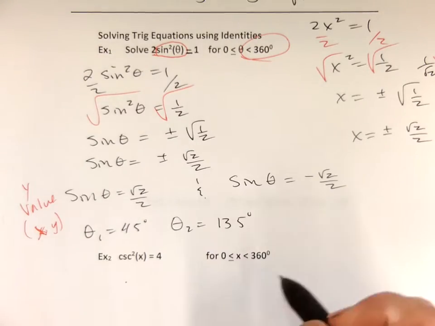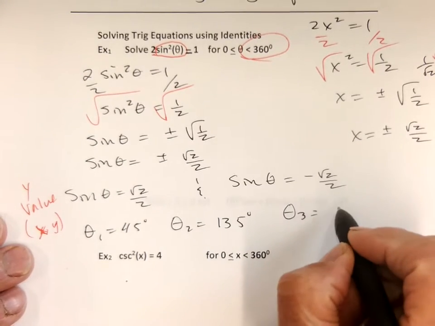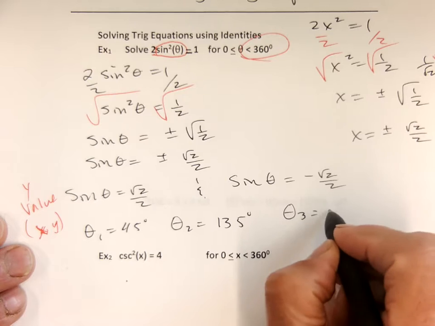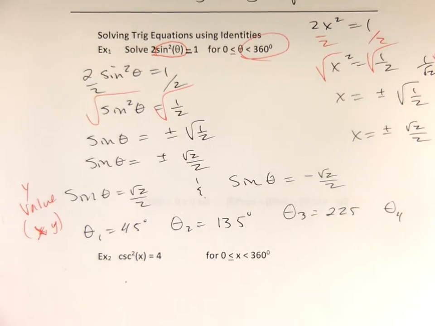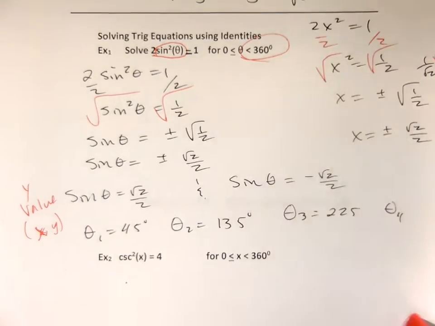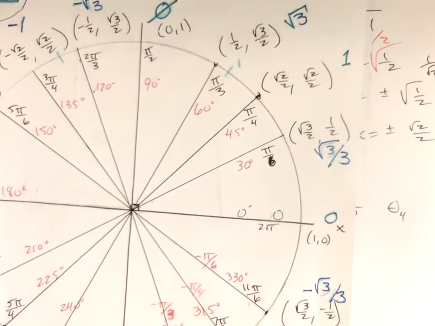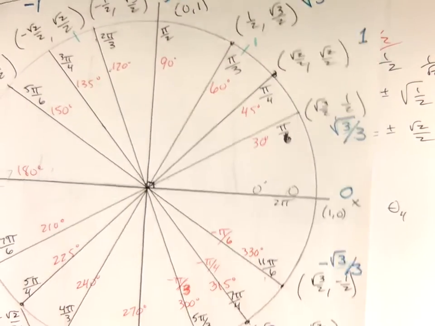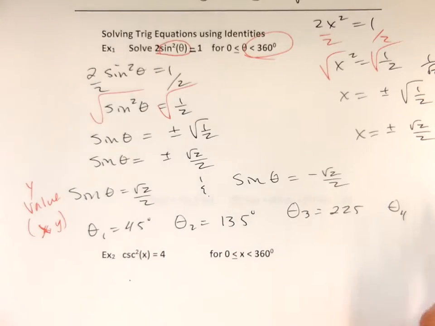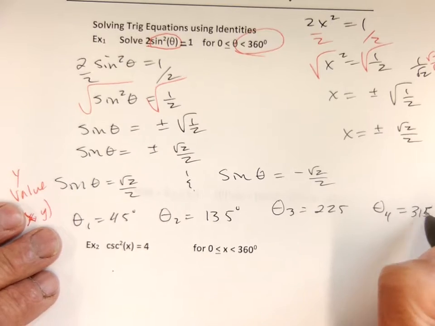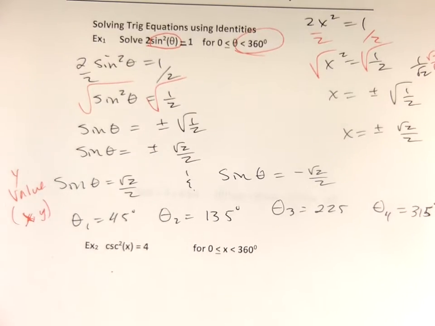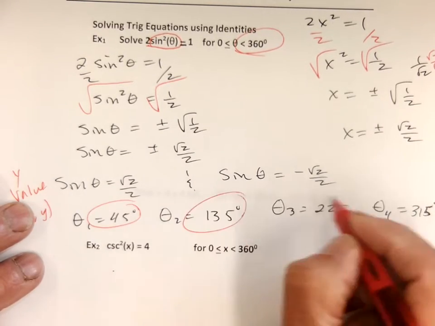So theta 3 is 225 degrees. And then there's one more answer. Theta 4. There's a negative square root of 2 over 2 at 315 degrees. How you like that? 4 answers. Woohoo! Killing you, aren't I?